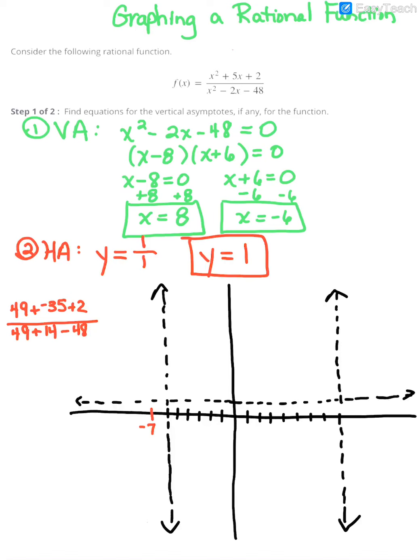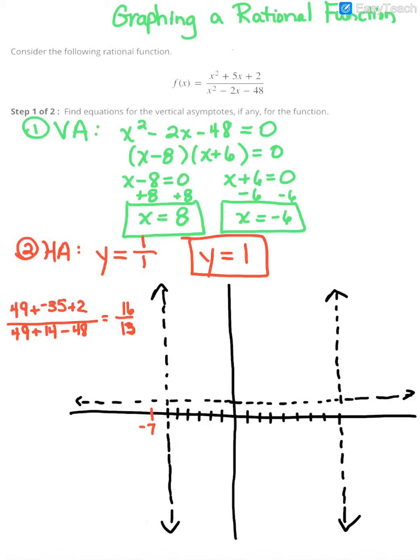So now if we go ahead and simplify that, 49 plus negative 35, that's going to leave me with 14. And then plus 2 would give me 16. And then on bottom, 49 plus 14 is going to give me 63, and 63 minus 48 would leave me with, what is that, 15?